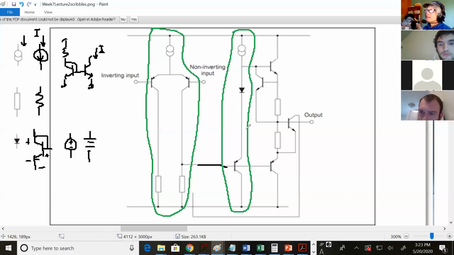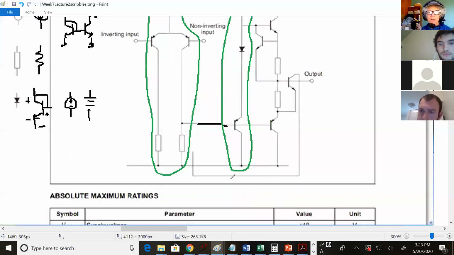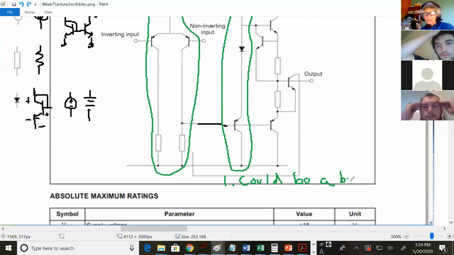Let's come back to the second reason. So one reason for this might be a buffer. I'll write "could be," because the other reason is just as possible. Could be a buffer, protecting the diff pair from the next circuitry. We'll come back to number 2 in a minute.